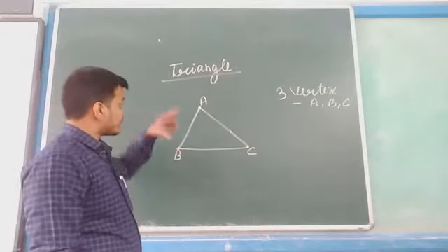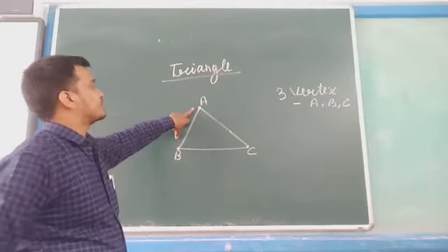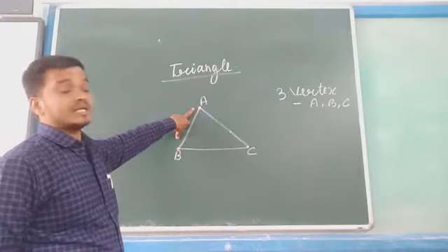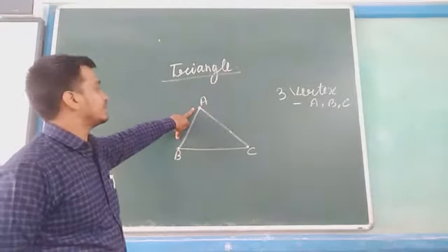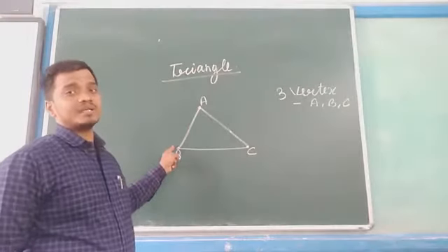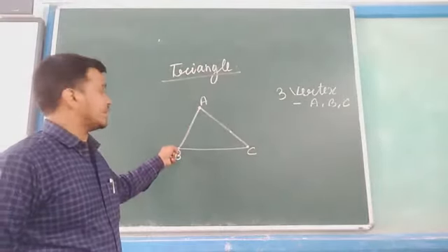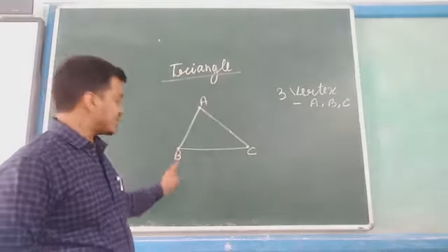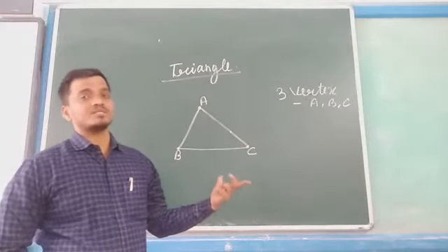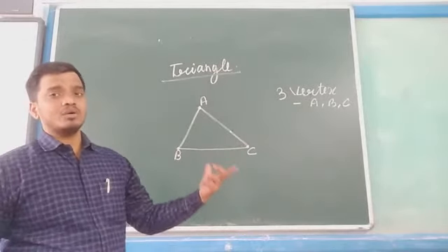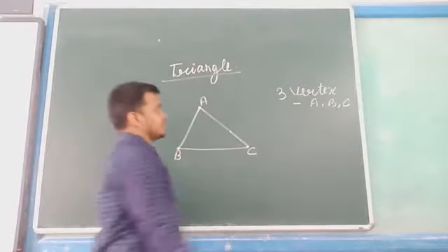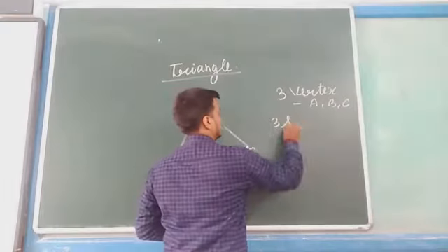Now the measurement between two vertices is known as the side of the triangle. So from A to B, whatever measurement comes will be the length of side AB. In the same way, from B to C, whatever length the line BC has is known as the length of that side of the triangle. So there are three sides of the triangle.